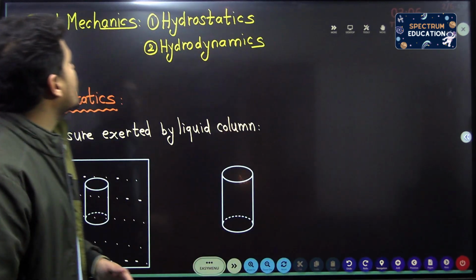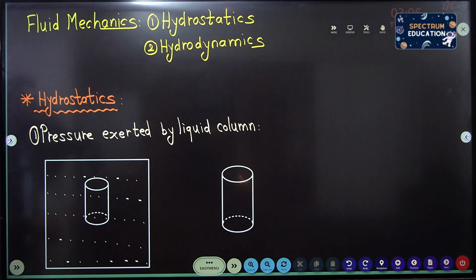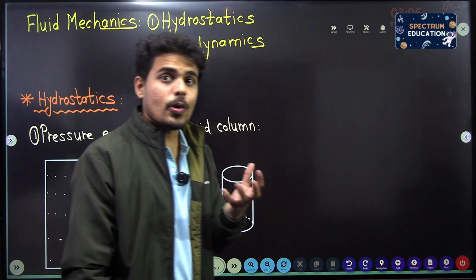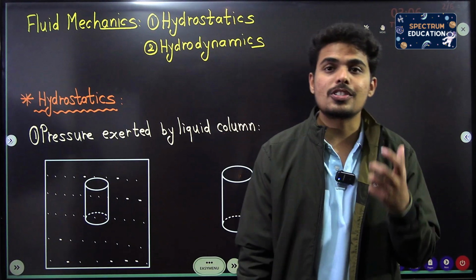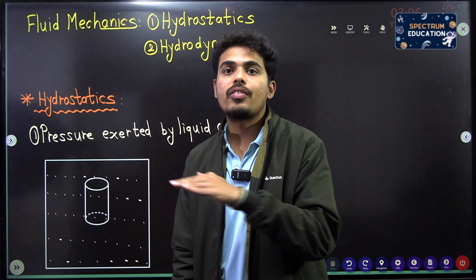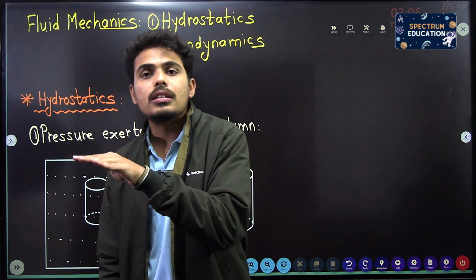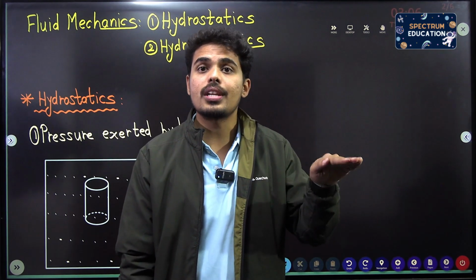The first topic for the lecture: in fluid mechanics we will study two things, hydrostatics as well as hydrodynamics. What do you mean by hydrostatics? Hydrostatics means the study of fluids at rest, fluids which are stationary.